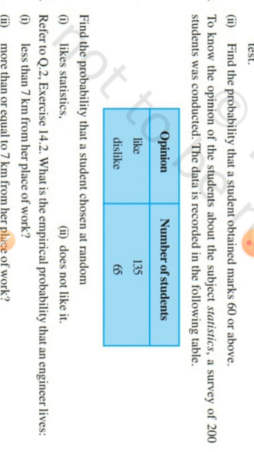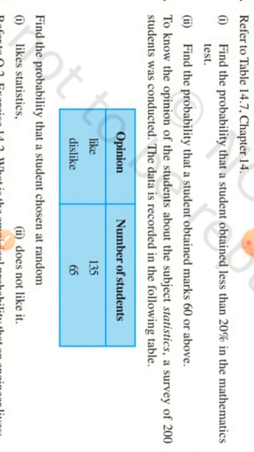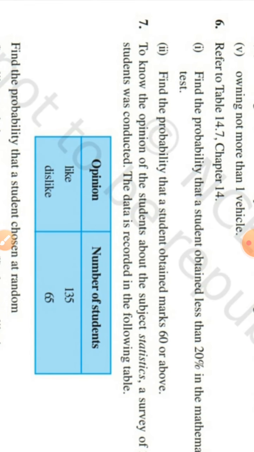How many total students? 200. So the answer will be 135 upon 200. In the second one, does not like means dislike. How many students dislike statistics? 65. Total number of students 200. So the answer will be 65 upon 200. Very simple, that is also.